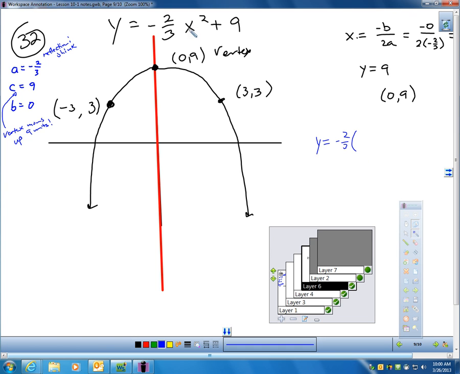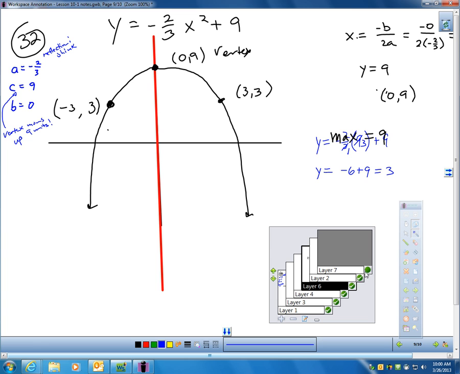If I plug in a 3 here, 3 squared is 9, plus the 9. And if I take -2/3 times 9, that's -6, because remember, 3 goes into itself once, 3 goes into 9 3 times, and -2 times 3 is -6. And -6 plus this 9 is going to give me 3. So if I plug in 3, I got 3, which means if I plug in -3, I get 3.